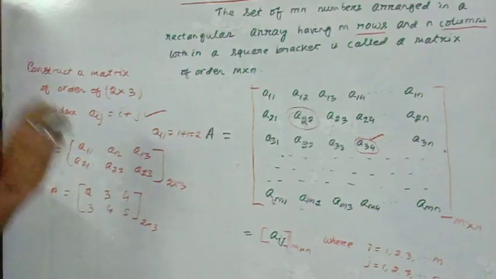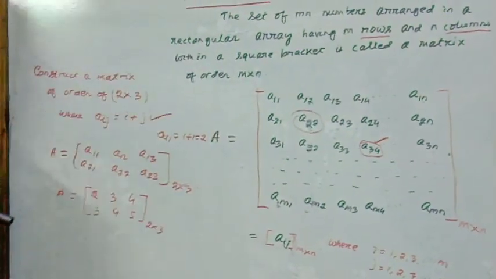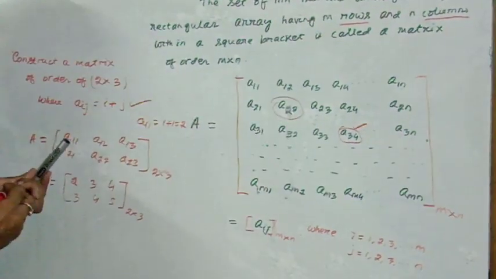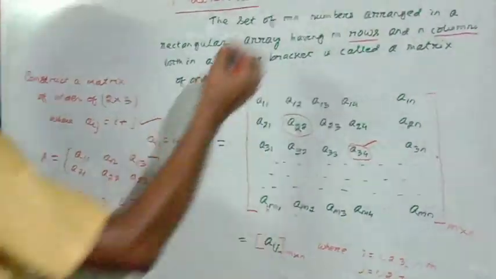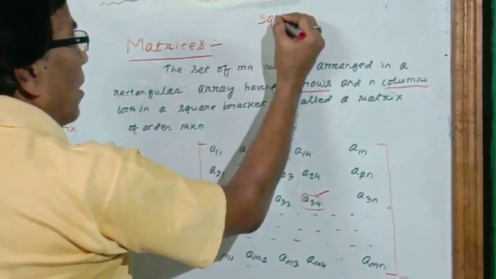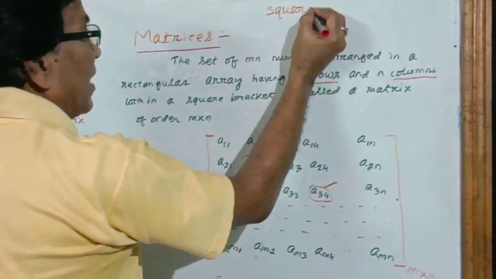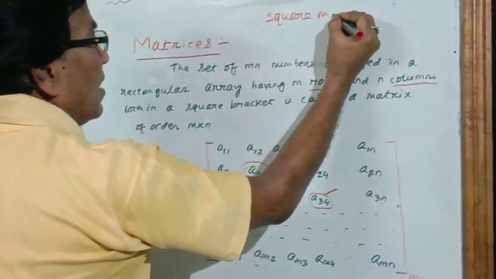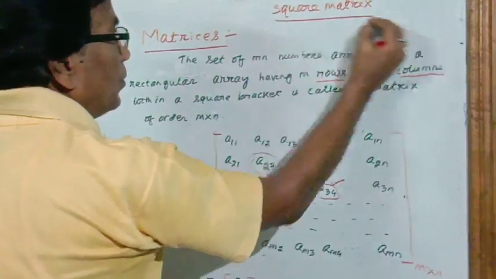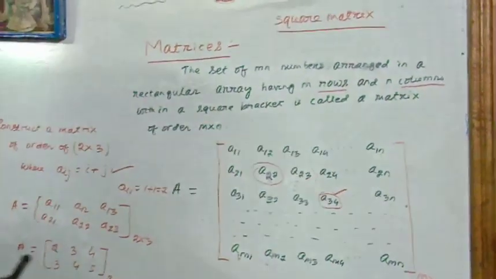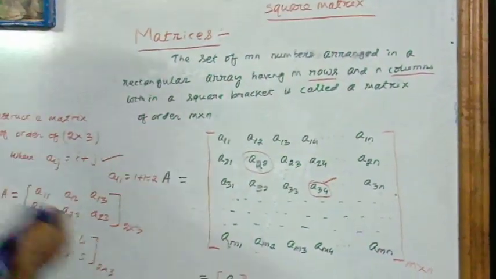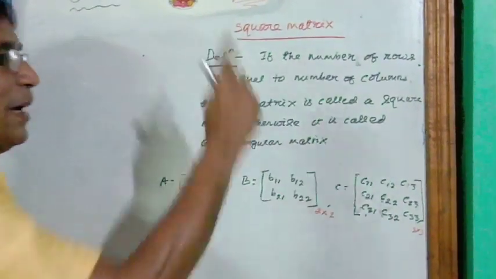Now, next we will consider the definition of a square matrix. What is a square matrix?